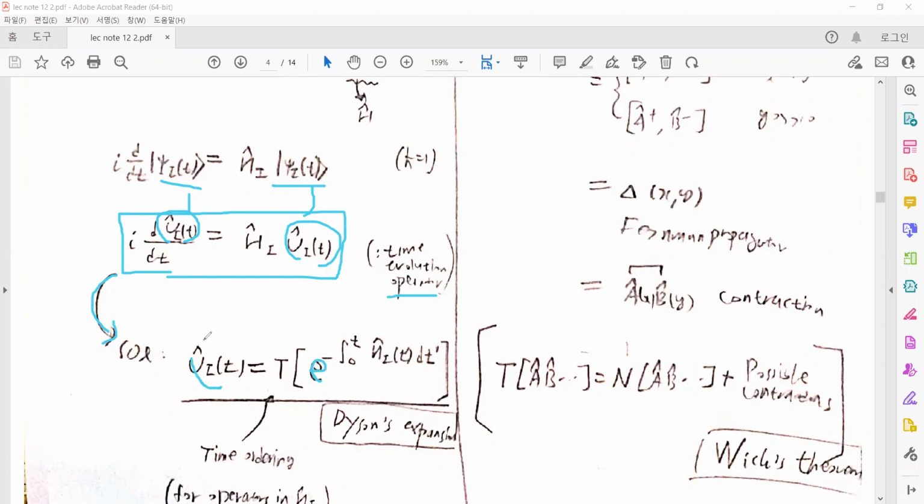So the time evolution solution is given like that, the exponential of minus the integral of the Hamiltonian over the time, and there will be some time ordering for the operators in the interaction Hamiltonians. So such a solution of the time evolution unitary operator is called the Dyson expansion. So we can expand this exponential factor in a series expansion form.